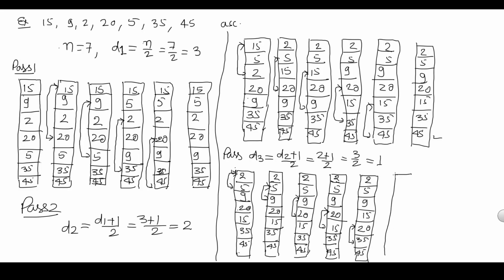So first copy the element in this diagram. So this is 2, 5, 9, 15, 20, 35 and 45. Now compare the element 35 with 45.